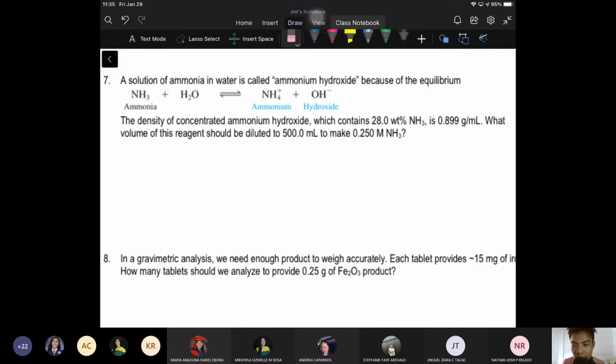Okay, let's have two volunteers. Yung isa magsasagot ng molarity, then yung isa sa dilution calculation.